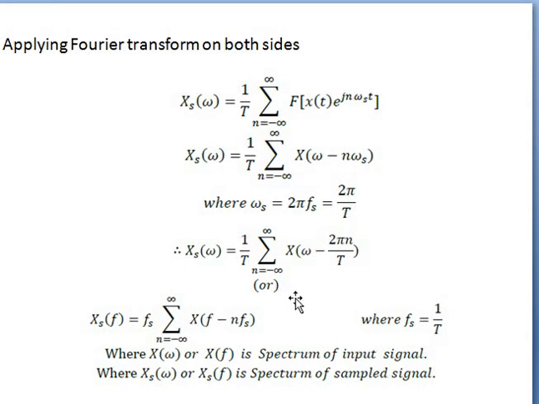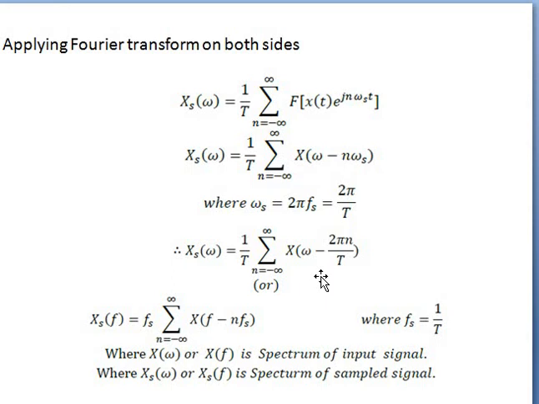Here omega s is the sampling frequency, which is equal to 2 pi fs, that is equal to 2 pi by T. Xs of omega is also expressed in terms of 2 pi by T, so omega s is replaced by 2 pi by T: 1 by T summation n equal to minus infinity to infinity x of omega minus 2 pi n by capital T.